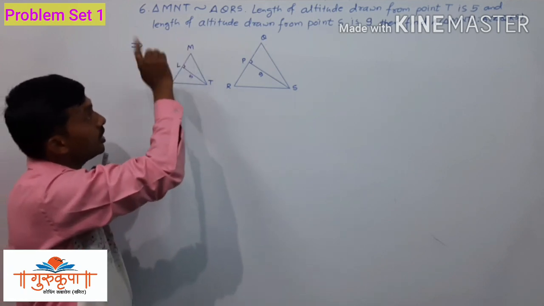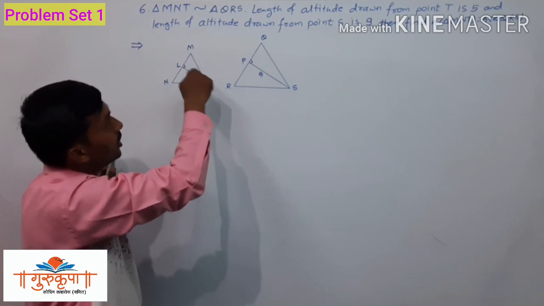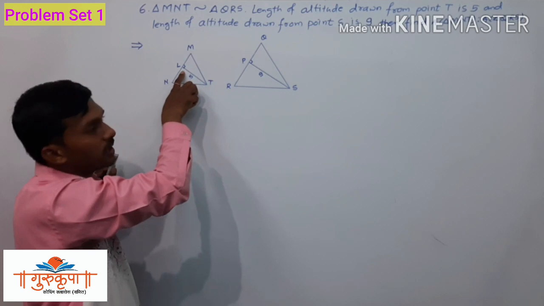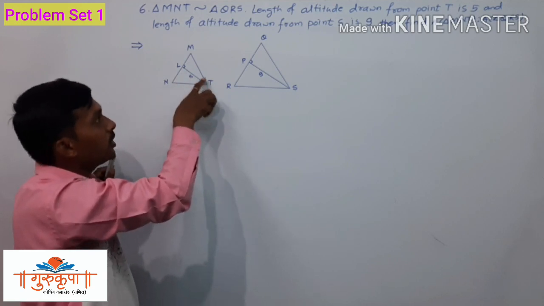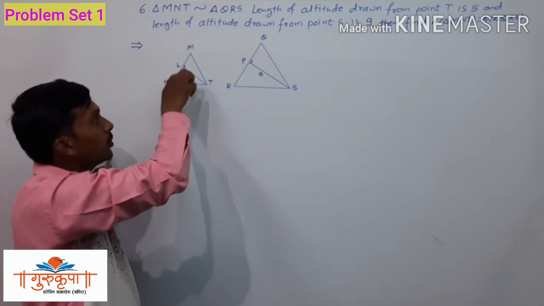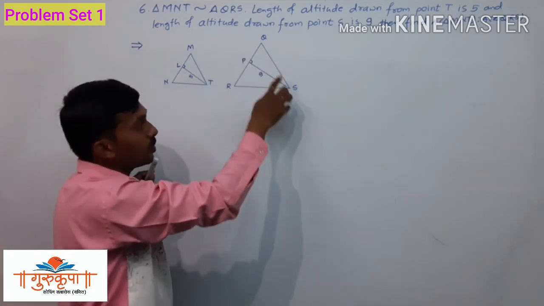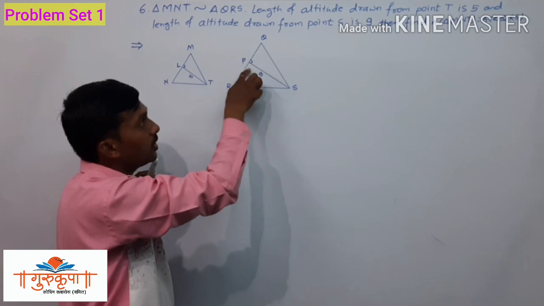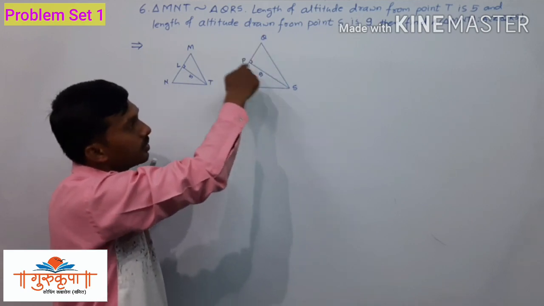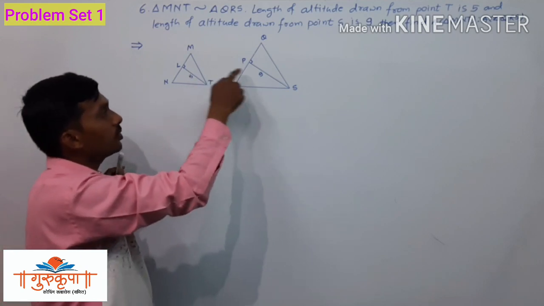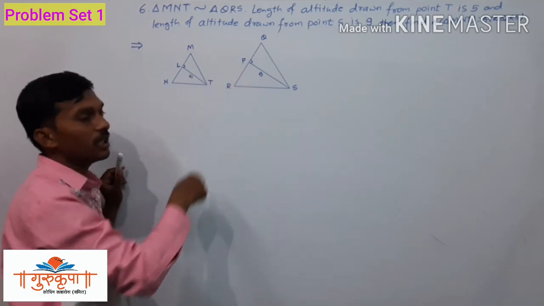After plotting triangle MENT, we draw an altitude from the point T to the opposite side MEN, and that is TL. In triangle QRS, from the point S we draw an altitude to the opposite side QR, that is SP perpendicular to QR. The lengths of both altitudes are given, that is 5 and 9 respectively.